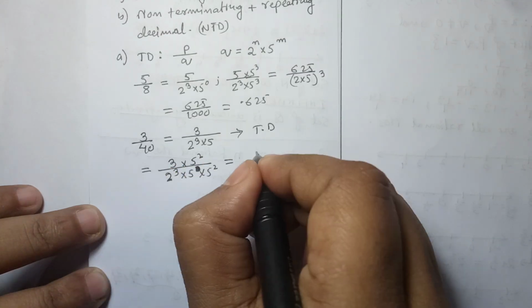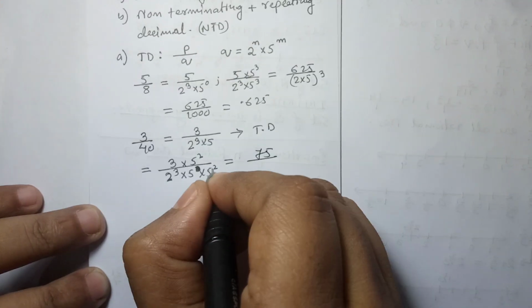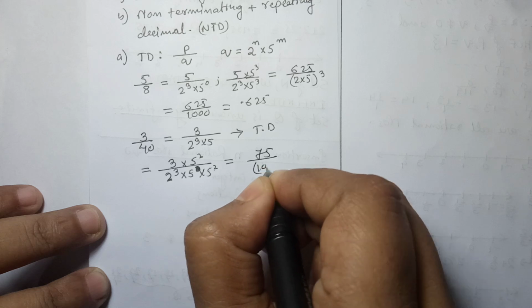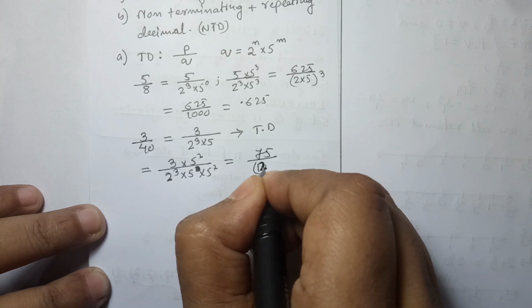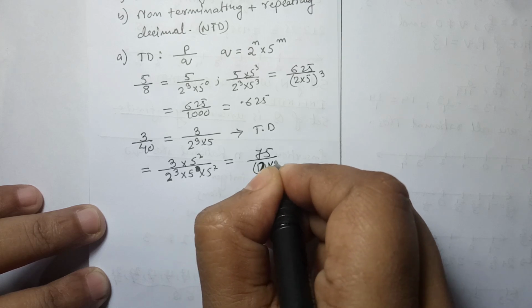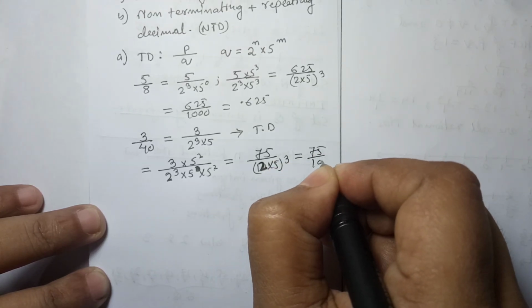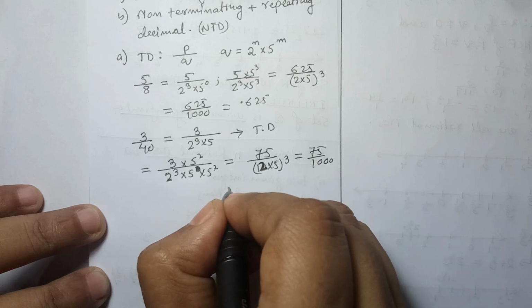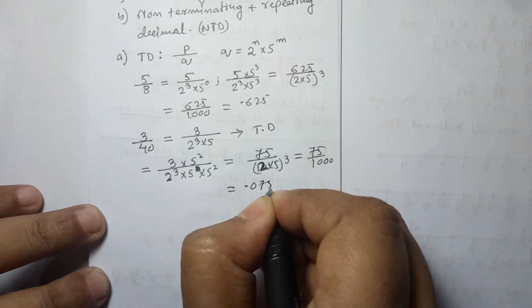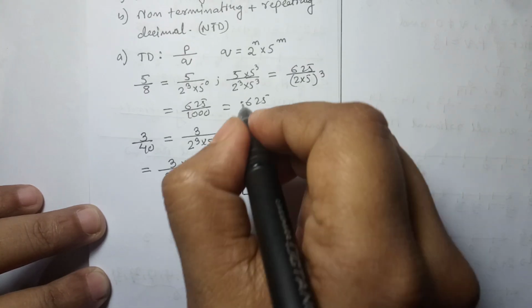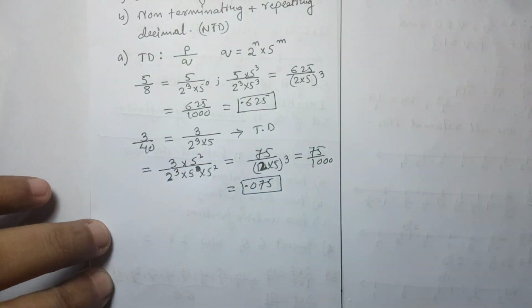So 25, 3 5s are 75, 5 cube into 2 cube, 2 into 5 whole cube, that is 75 by 1000, so 0.075, right?